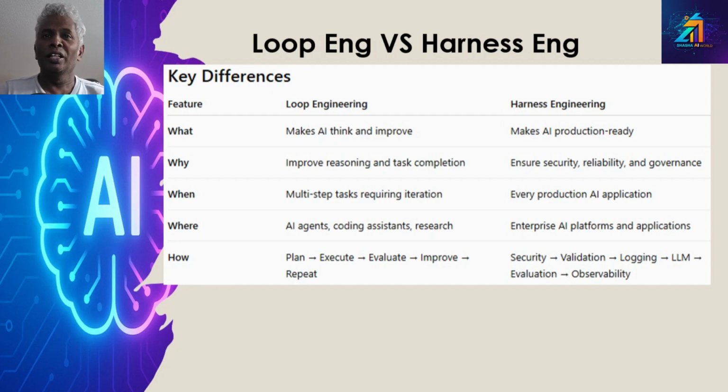In the previous video I explained how important loop engineering is. Loop engineering is within the LLM, while harness is around the LLM. This is the simple difference. Loop engineering is asking the LLM to work in a very smart way: if an error happens, you go and try again. I'm not satisfied with your AI agent output, so I ask it to do the research again.